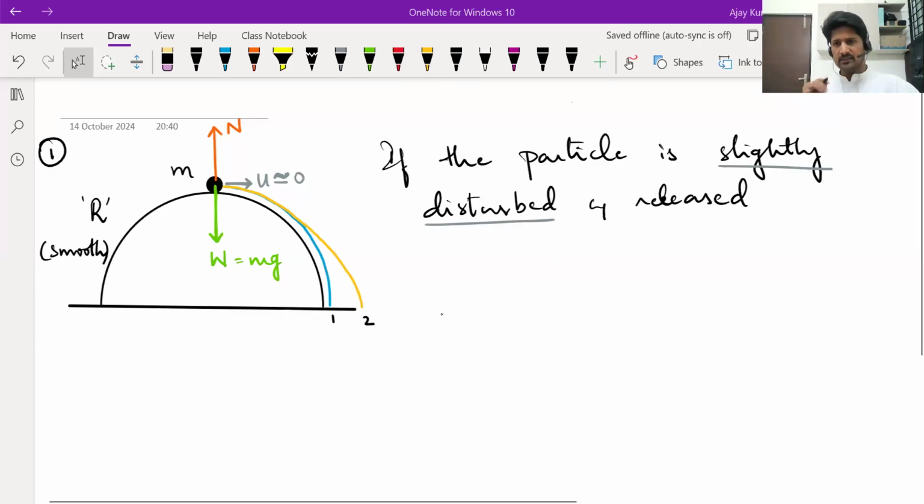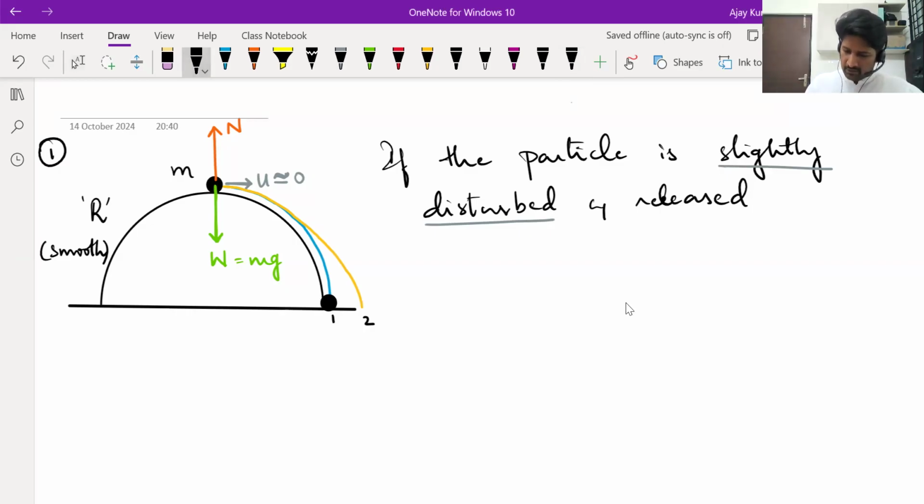See, consider the blue path. For the object to move along the blue path, its final velocity should be vertically downward like this. Isn't it? The surface is becoming vertical. It's exactly a hemisphere. So at the point where the surface touches the ground, the surface is vertical.